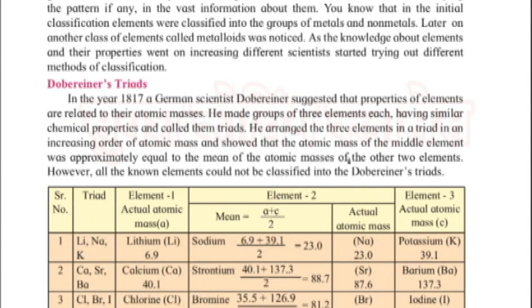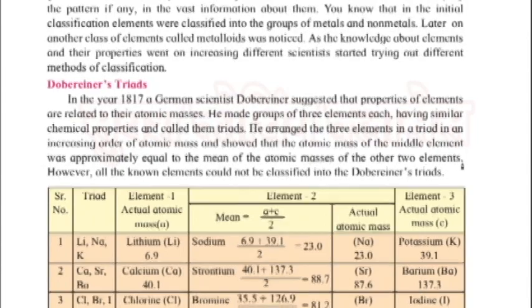And what he showed is that the atomic mass of the middle element, बीच वाले एलिमेंट का जो atomic mass है, it was approximately equal to the mean of the atomic masses of the other two elements. तो वो कैसे है? अदर दो एलिमेंट्स का मीन अगर हम निकालेंगे तो it is equal to the atomic mass of the middle element.